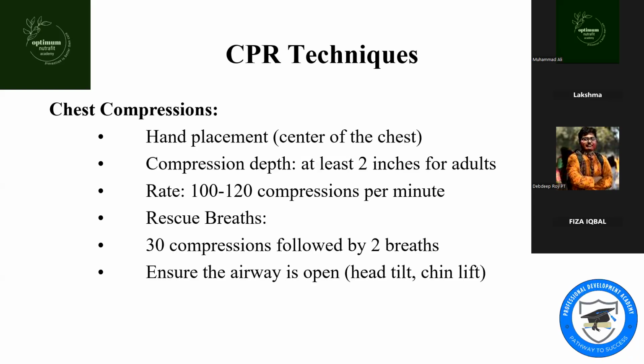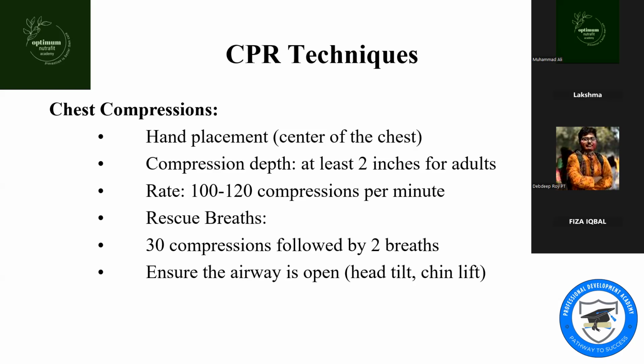Chest compression, as I already told you, is about hand placement. Put both hands together at the center of the chest, at the lower third of the sternum. Compression depth is compared with the patient's whole chest depth, and we have to compress at least one third of their chest, which is normally 2 inches for an adult. The rate of compression is 100 to 120 compressions per minute.